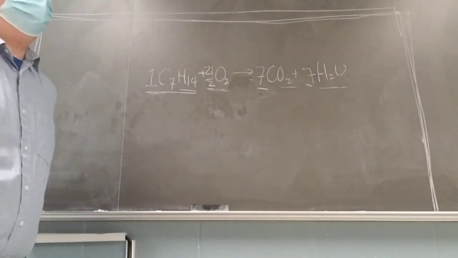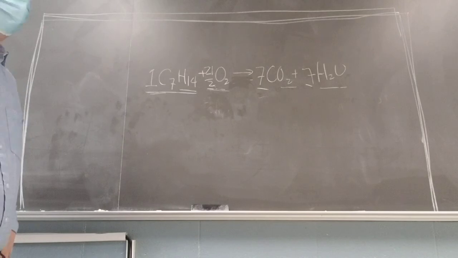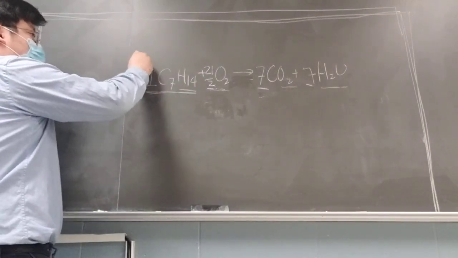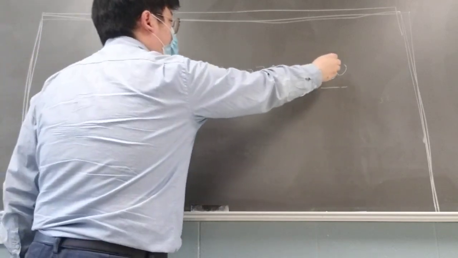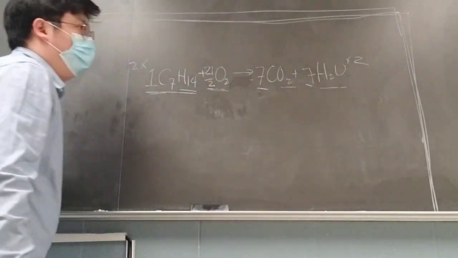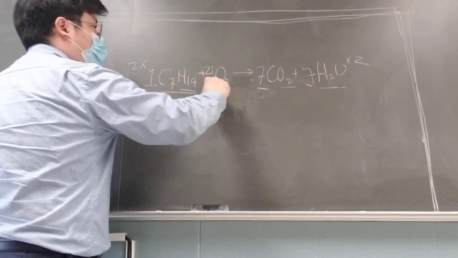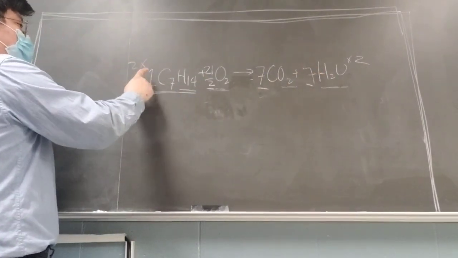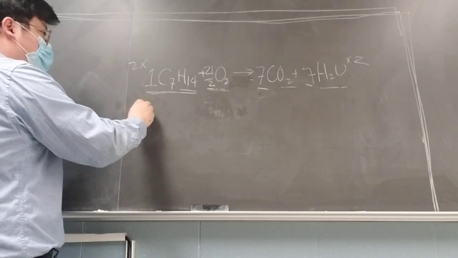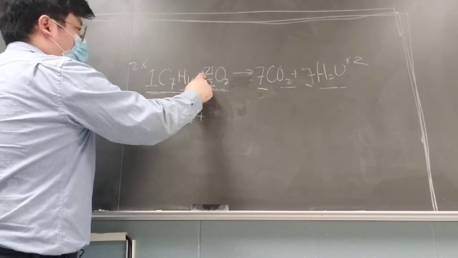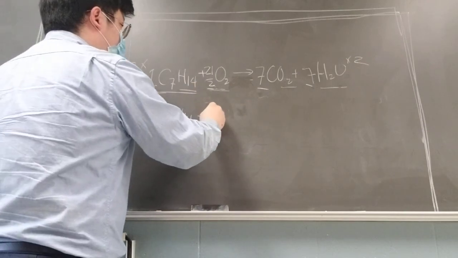But if you don't want to do a fractional number, like 21 over 2, you can always multiply by the denominator. So it'll be 2 here, right? So if you just multiply all of that by 2, so 1 times 2 is 2. And 21 over 2 times 2 is 21.